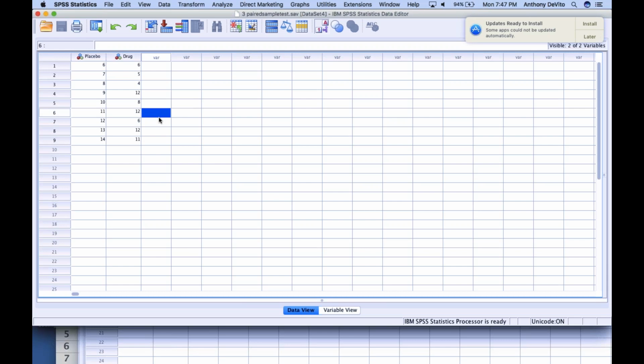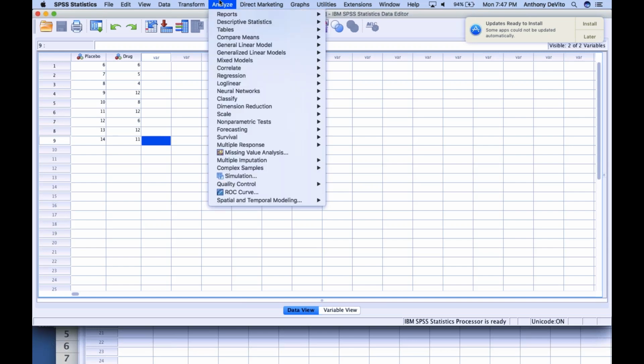And if there's no difference between the performance of the placebo and the drug, the average difference that we would get for all these 9 people, that third column, would be 0. So the test we're going to do is a single sample t-test, except we're going to test whether or not it's different from the value 0 instead of different from the value of some other known mean.